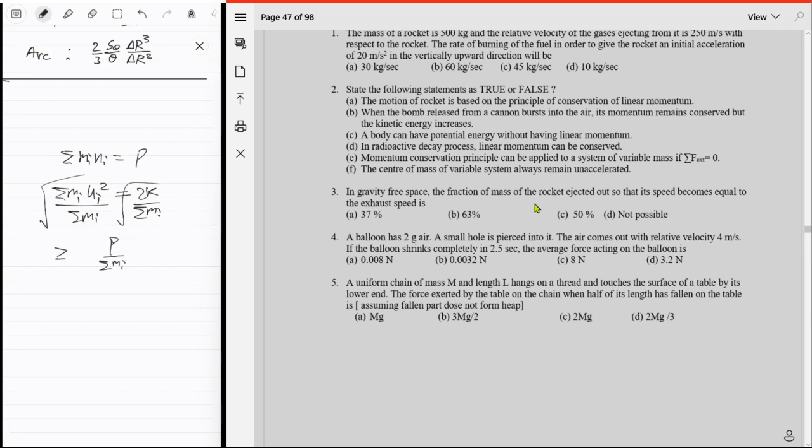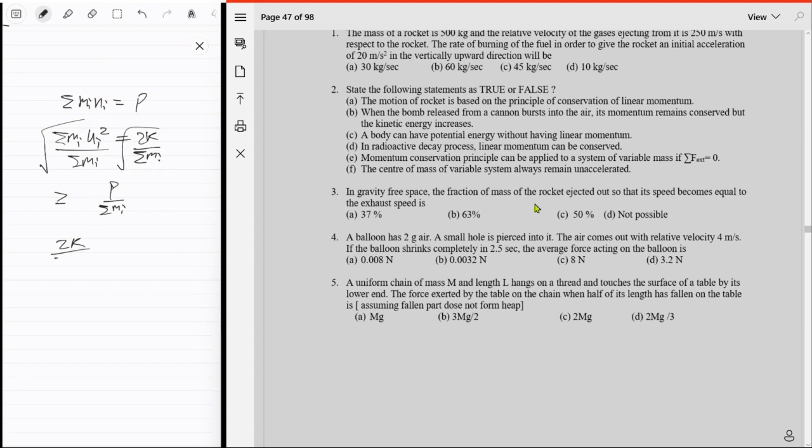Yeah, just that. Which means that 2k upon summation of mi is bigger than or equal to p squared upon summation of mi squared. So 2k is bigger than or equal to p squared upon summation of mi.